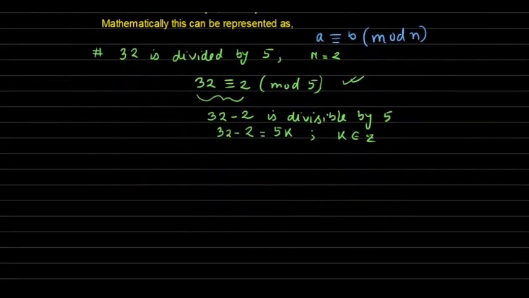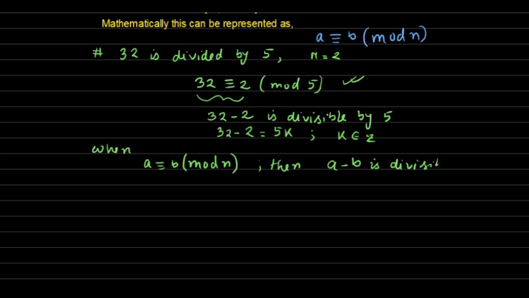Similarly, to generalize it, when a is congruent to b mod n, it basically means a minus b is divisible by n.